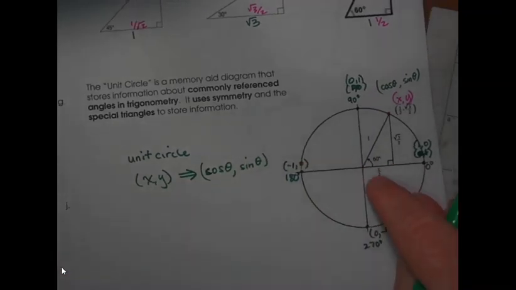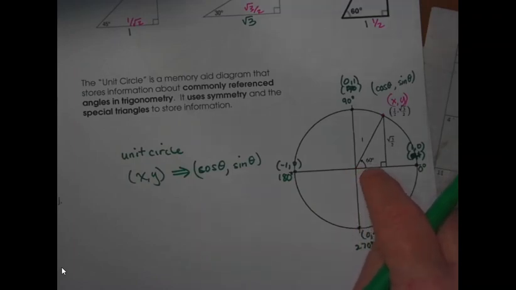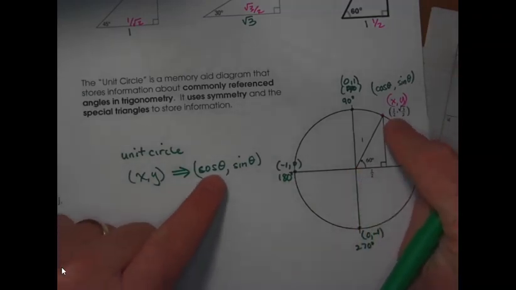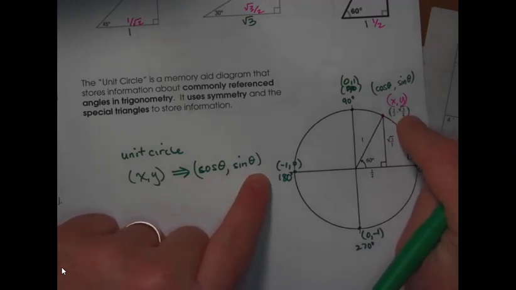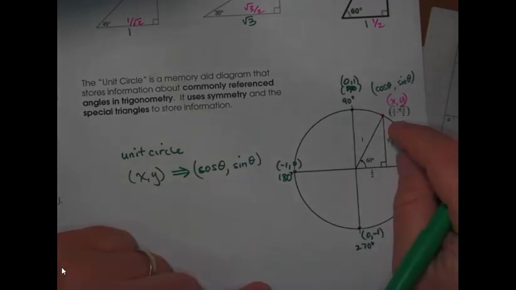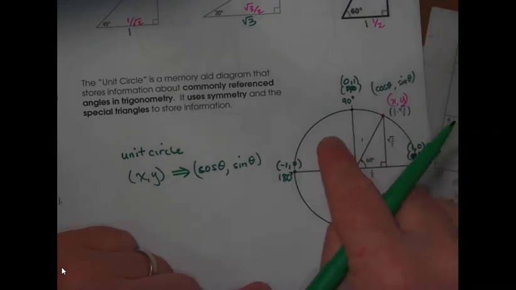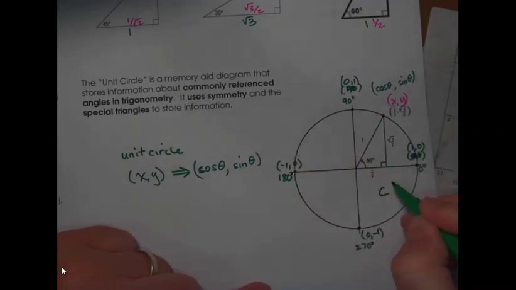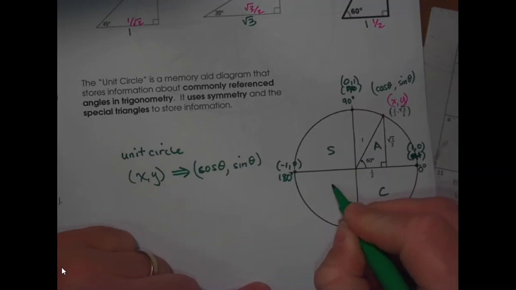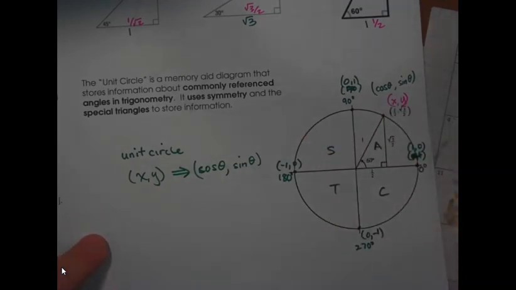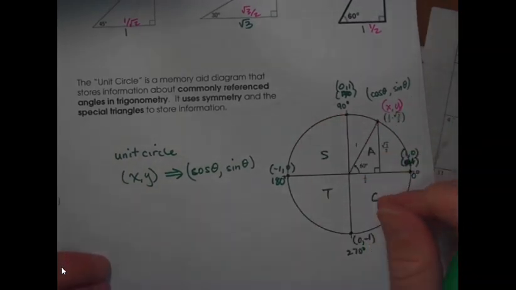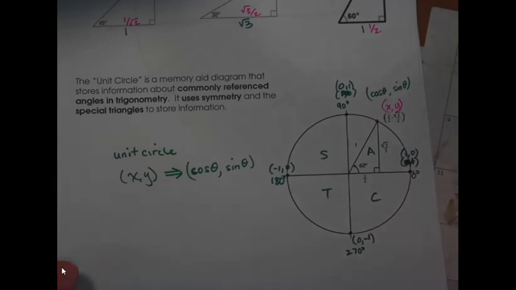So a certain angle is going to give us the cos and sine ratios. And then we're going to use symmetry, which talks about CAST law, and we know that's going to be symmetrical in each of the quadrants. We're going to show that on this next page.